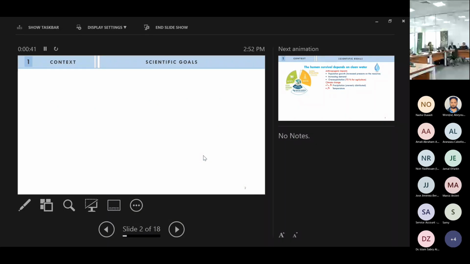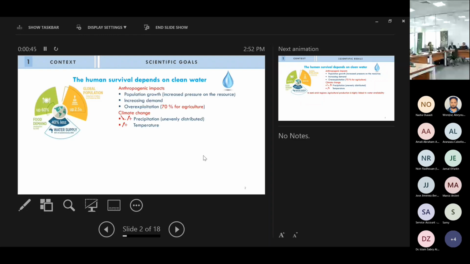As we all know, human survival depends on clean water, and humanity is facing a serious crisis because of the shortage of water. This is impacted by population growth, the increase of demand, and overexploitation of water resources by agriculture.